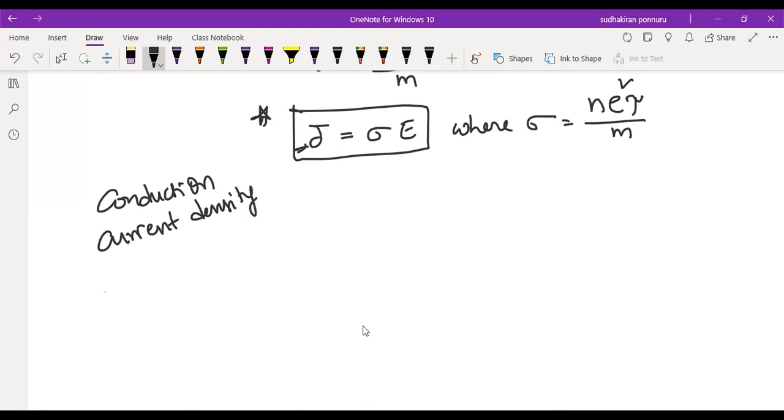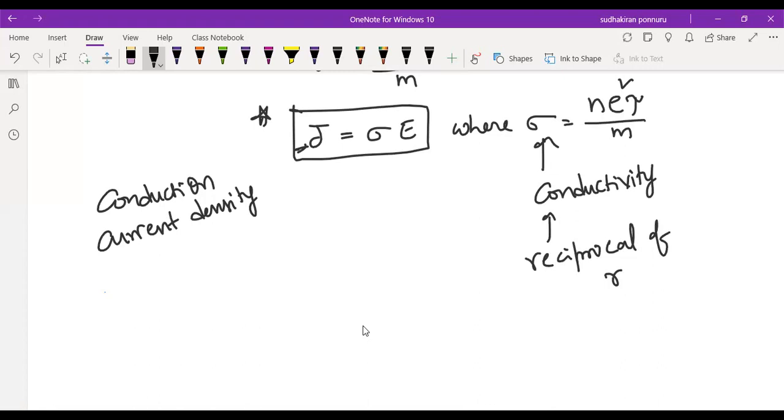So whatever the sigma we have got here is called conductivity, which is the reciprocal of resistance. Very, very important. More the conductivity value, more it is called a conductor.